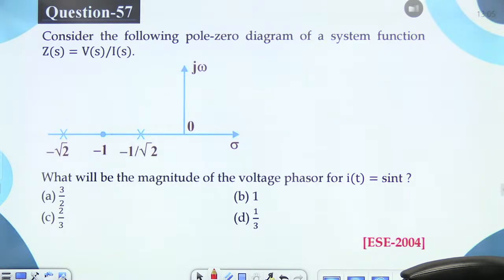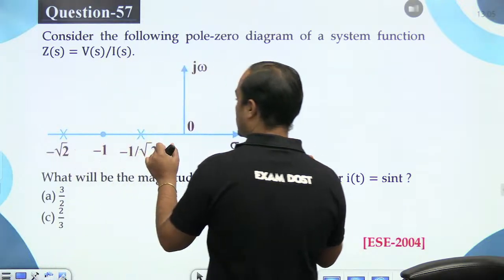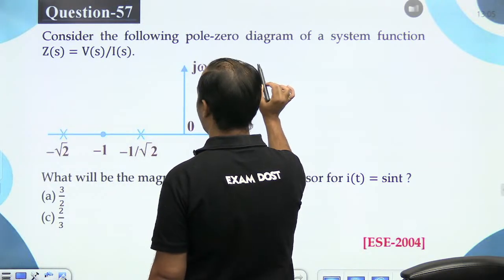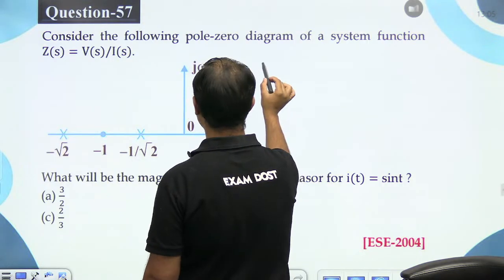Consider the following pole zero diagram for a system function Vs upon Is. Find the magnitude of voltage phasor for current equal to sin t. So now crosses are representing the poles and dot is representing a 0.